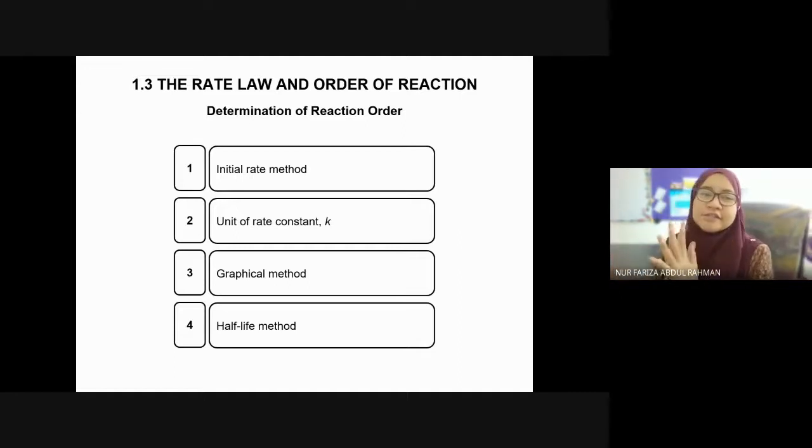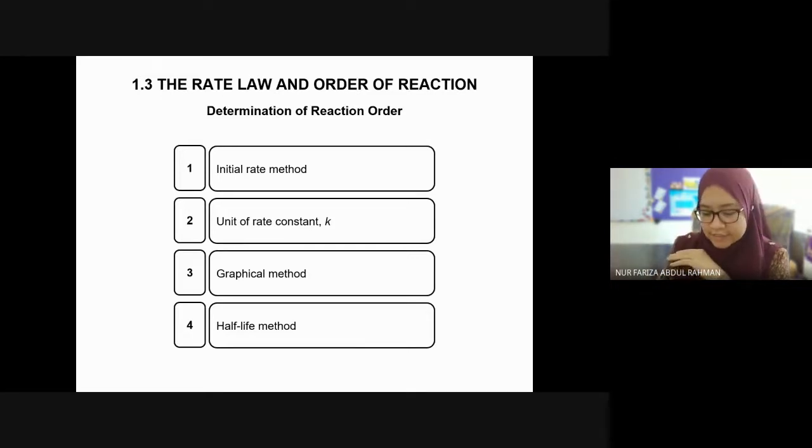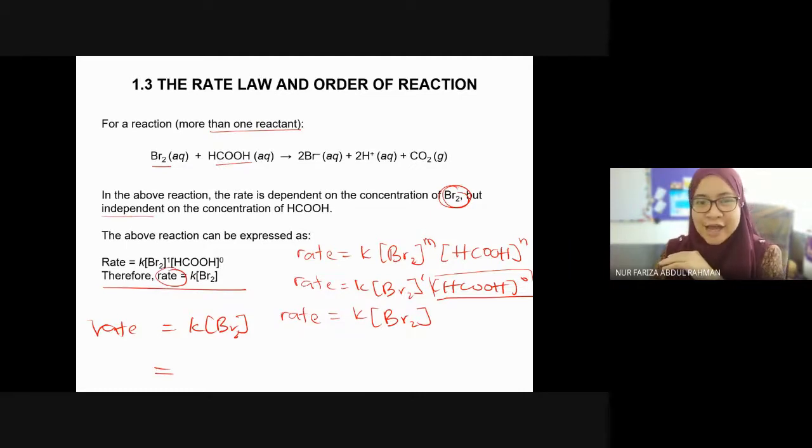Alright, any questions so far before we go further into determination of reaction order? Okay, so these are the steps to determine the order of the reaction. Here, the question has already told us. Life is easy, right? But life is not that easy. It has already told us M and N, so we just need to write the rate law.